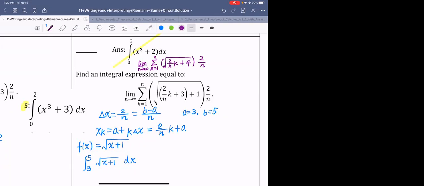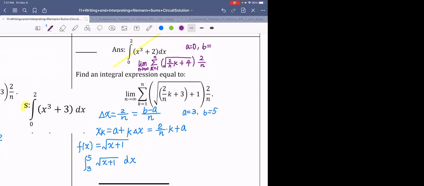Then who is my a? This means a is 0, correct? Yes. Emily, this a is 0, yes? Yeah. b is how much? 4, correct? Hold on. No, b is 2, yes? From 0 to 2.